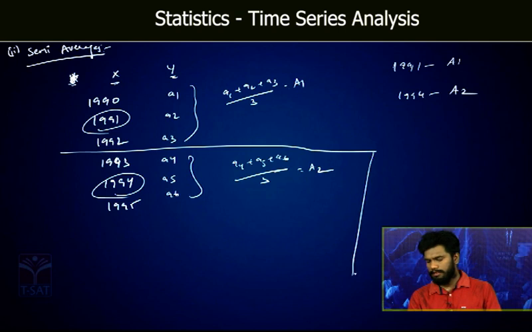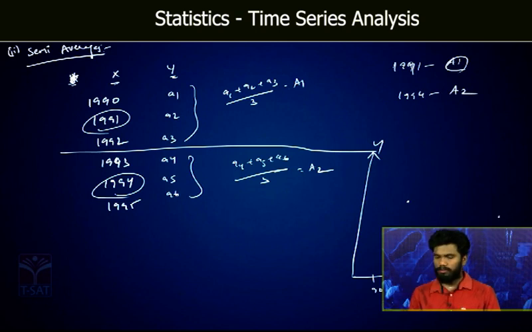I will just draw the graph, X and Y, with 90, 91, 92, 93, 94, 95. Now with respect to 1991, I will plot the A1 value. With respect to 1994, I will plot the A2 value.